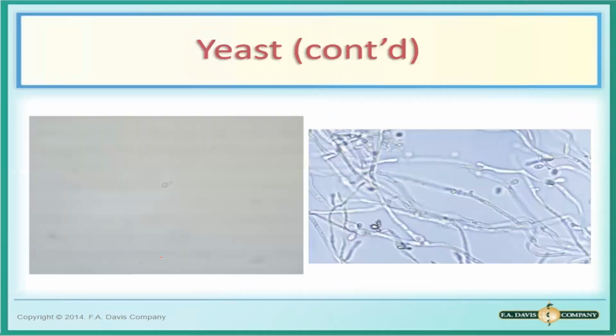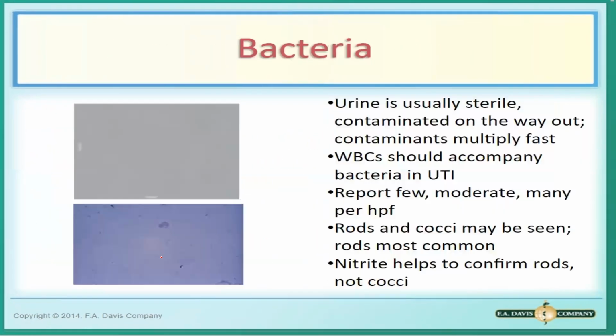Next we have, sundan natin yung nasa handouts ninyo, bacteria. Urine is usually sterile. It is contaminated on the way out, and then contaminants multiply fast. Bacteria are indicative of lower or upper urinary tract infection when seen with WBCs.